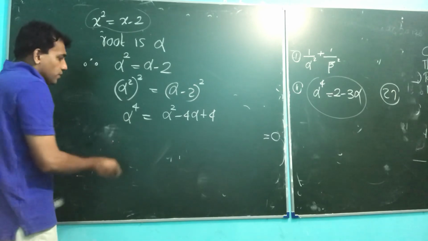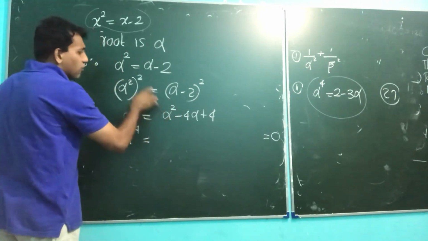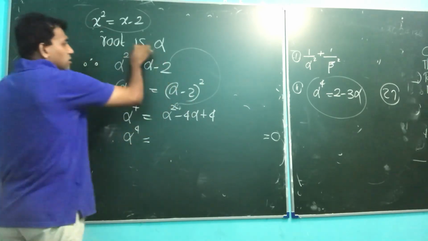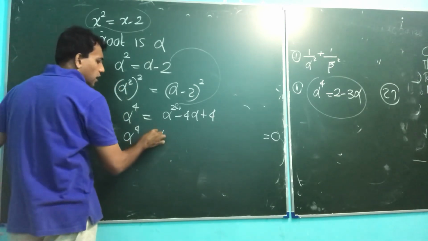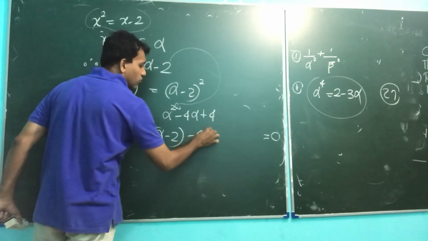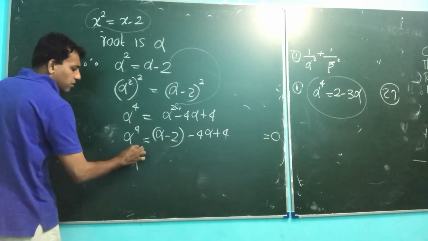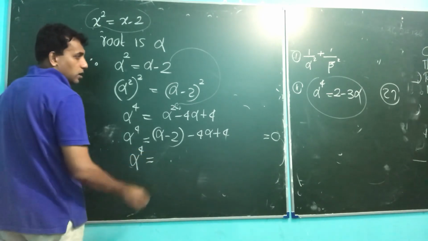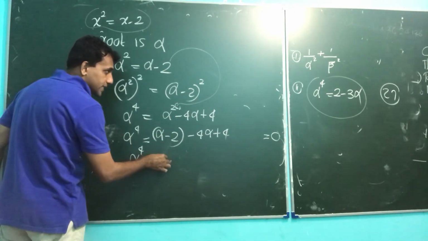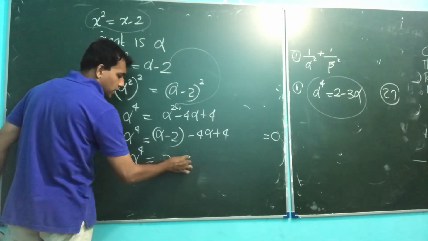What is alpha square? See here, alpha square is alpha minus 2. So minus 2 minus 4 alpha plus 4. Therefore, alpha power 4 equals minus 2 plus 4 plus 2 alpha minus 4 alpha.